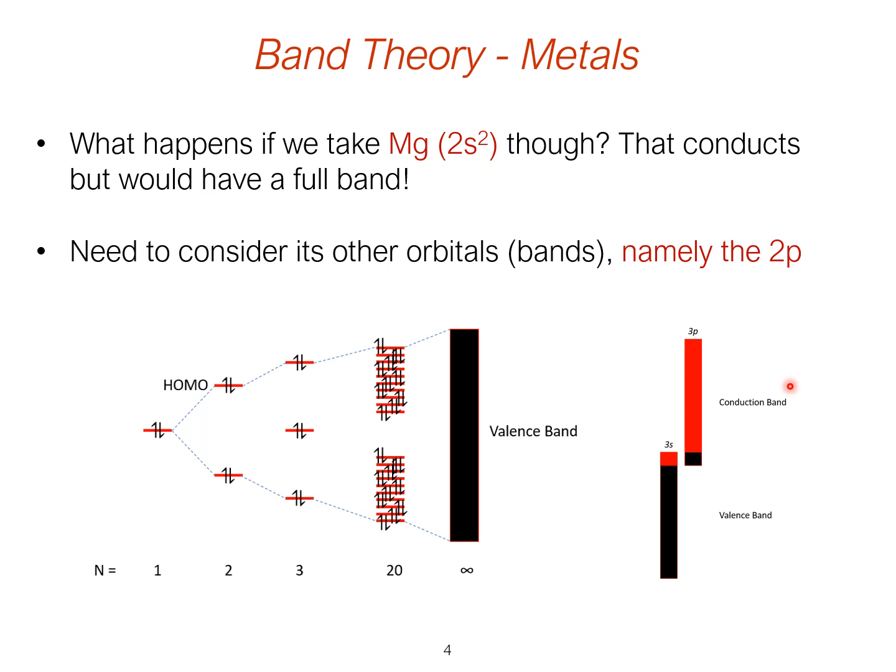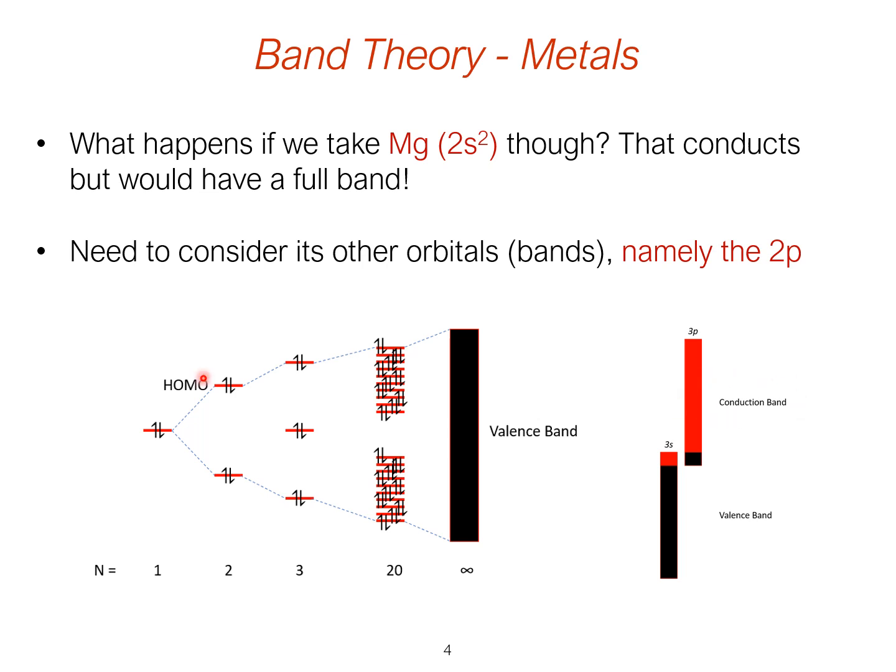How can it conduct electricity? And we know it does. It's a metal, and magnesium conducts electricity. Well, that's when we need to consider the bands of the other orbitals that it has. So the valence electrons of magnesium may well be in the s orbital, but there's still going to be a p orbital also. And this p orbital, even though it's unfilled, makes a band also, and this band is called the conduction band.